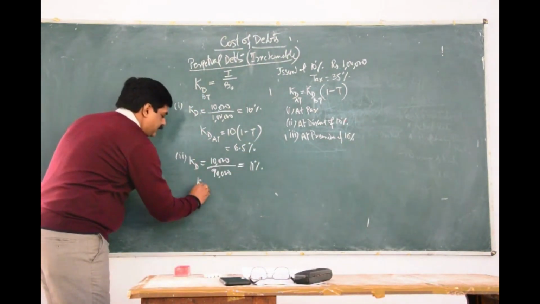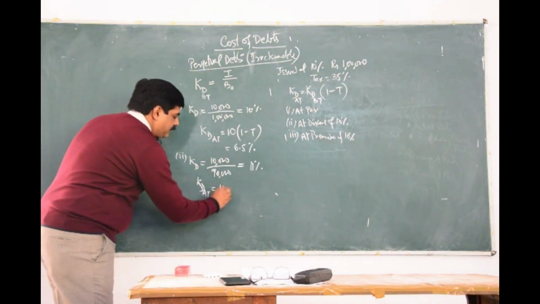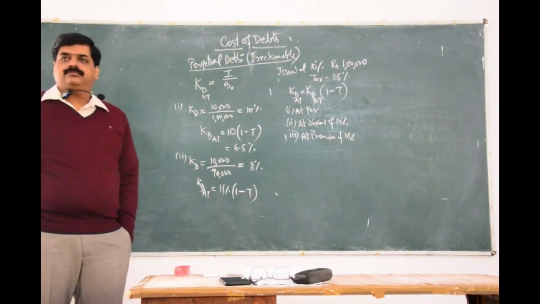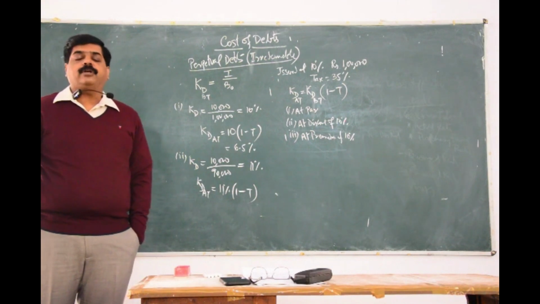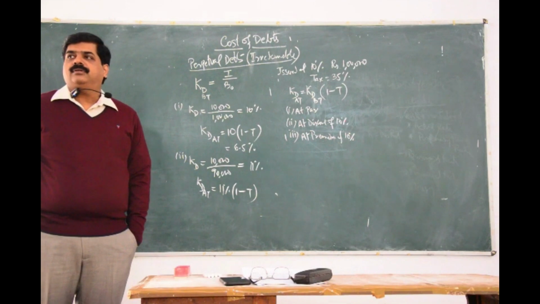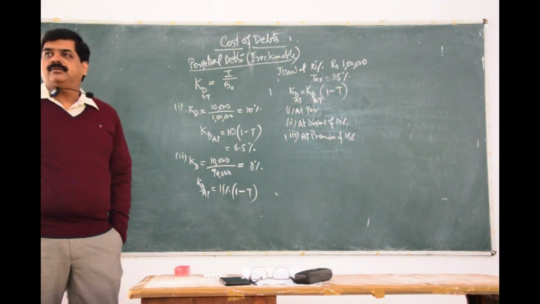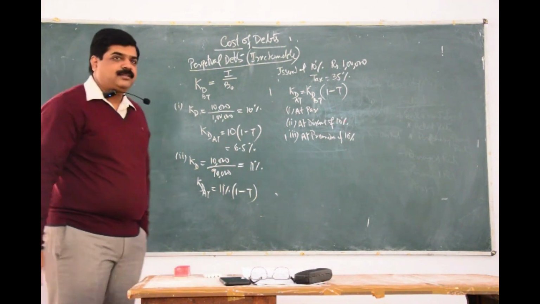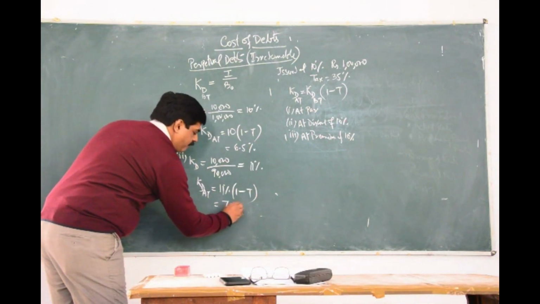After tax, we can say 11% into (1 minus T). 11 multiplied by 0.65 gives 7.15. It should be 7.15%.